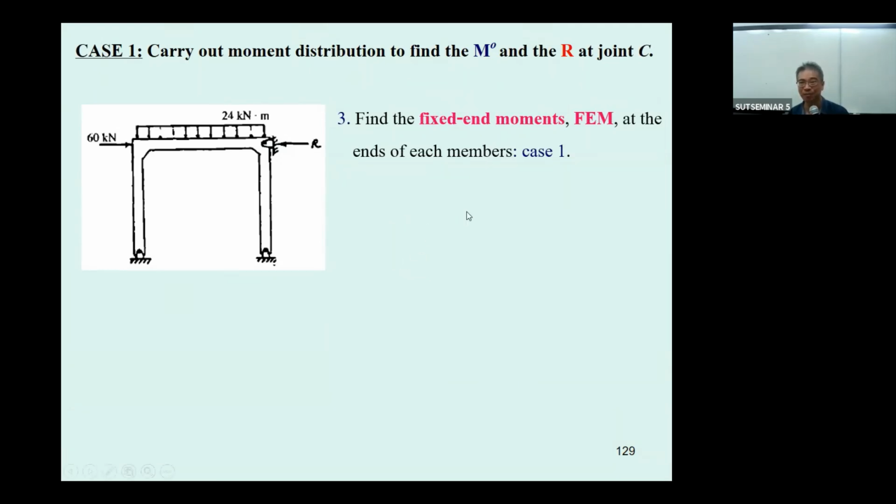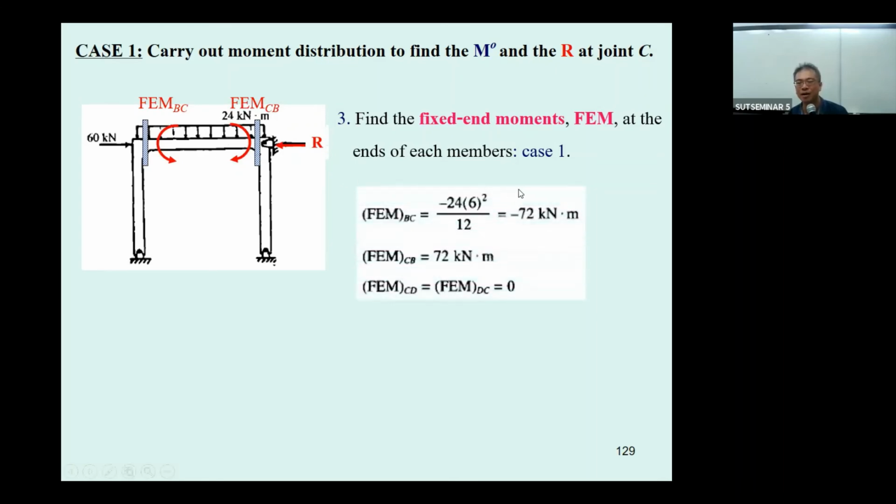And then what we have is fixed end moment. There is only fixed end moment on the beam BC. Okay, that is going to be fixed end moment BC and fixed end moment CB, WL square over 12. So BC is going to be minus 72 and CB is going to be 72.